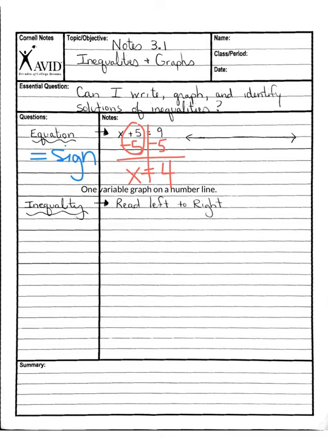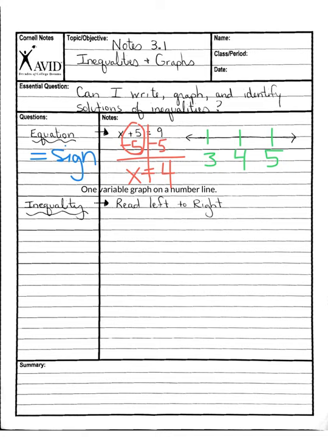Let's talk about how we graph. Well, we're always going to put whatever we got for our answer right in the middle. So we have 4 right in the middle. That's what we got for our answer. We're going to do 1 less than 4, which I know is 3, and 1 greater than 4, which I know is 5.